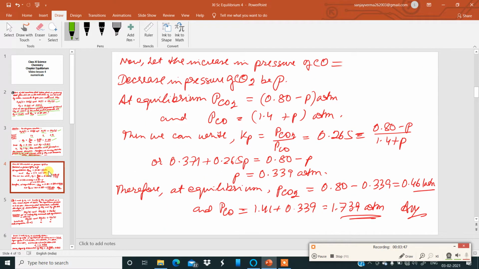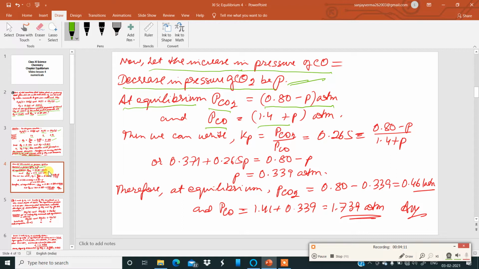Now, let the increase in pressure of carbon monoxide, and the decrease in pressure of carbon dioxide, be small p. So, at equilibrium, the pressure of carbon dioxide will be 0.80 minus p, and the pressure of carbon monoxide will be 1.4 plus p, because the pressure of carbon monoxide is increasing.